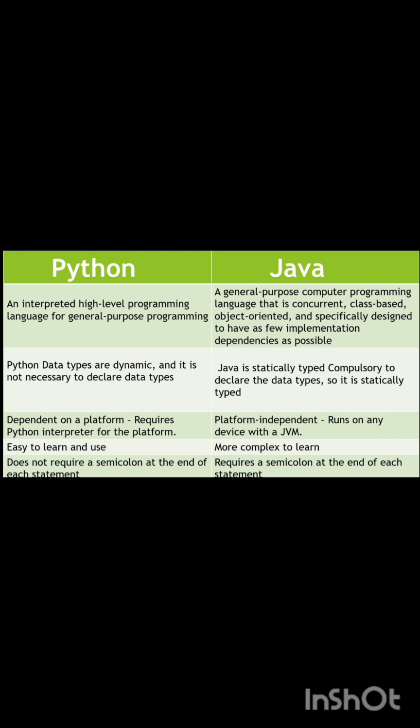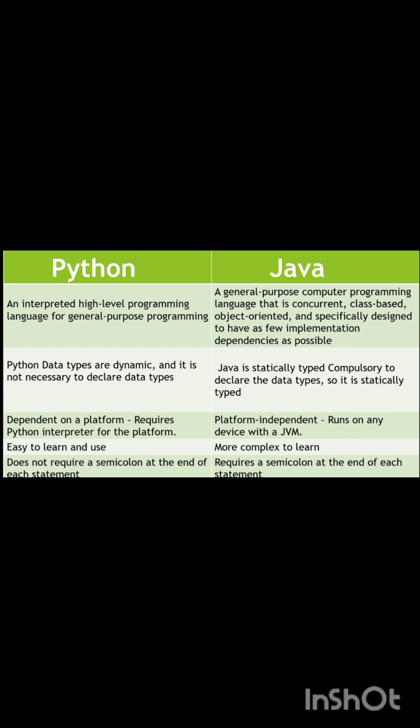Then third is platform dependence. Python requires a Python interpreter specific to the platform it is running on, and Java is platform independent, running on any device with a JVM, making it write once and run anywhere.